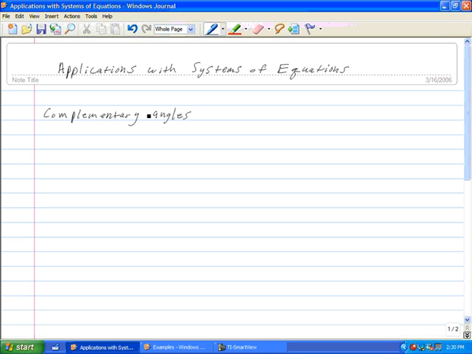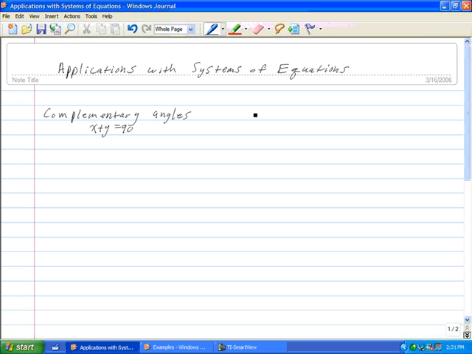So in a geometry problem now, upon seeing the phrase complementary angles, you can immediately know that one of your equations is probably going to be x plus y equals 90.